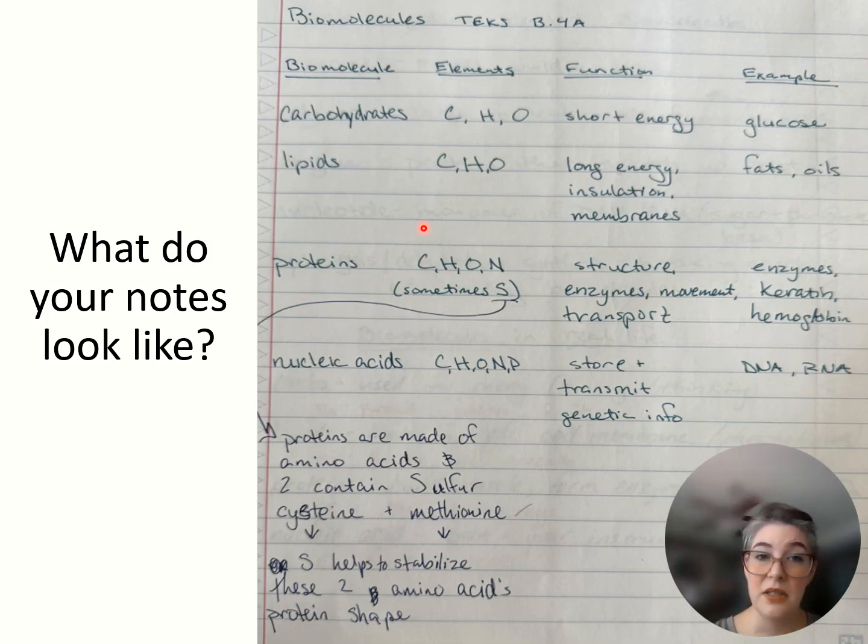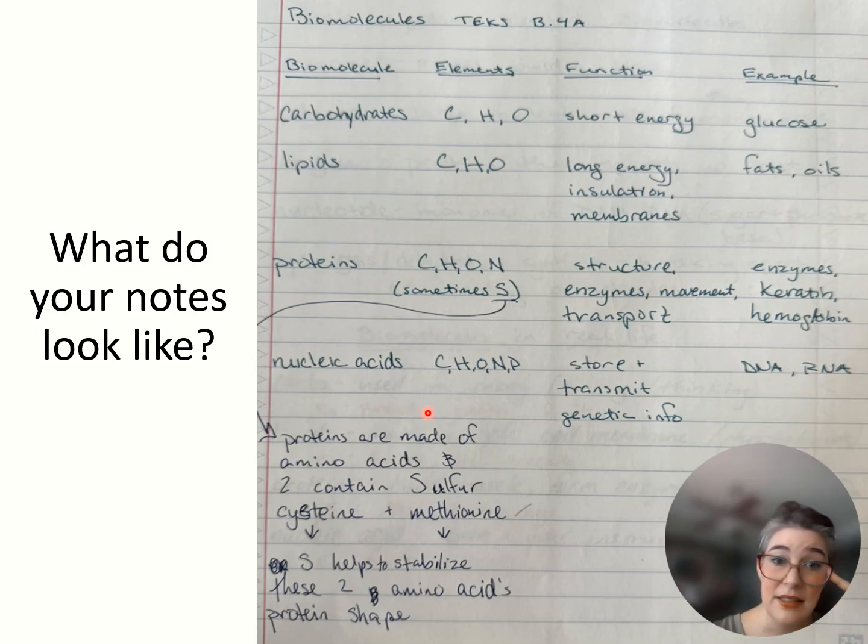Proteins, here we start seeing a different element added to it. We have carbon, hydrogen, oxygen, nitrogen, and sometimes sulfur. This is going to be our structure, enzymes, movement, transport. Enzymes, keratin, hemoglobin, those are going to be examples of proteins.